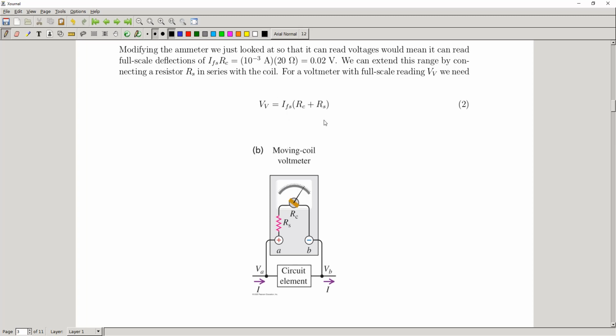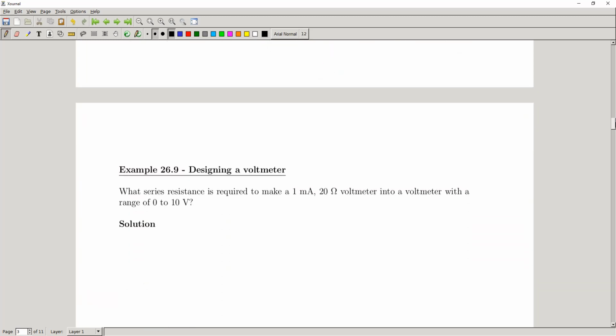I full scale is exactly what we talked about above, the current required to push our RC resistor in such a way that the dial points to its maximum. And R is just the total of the two resistances, RS and RC. So let's take a look at another example with this pretty simple example.